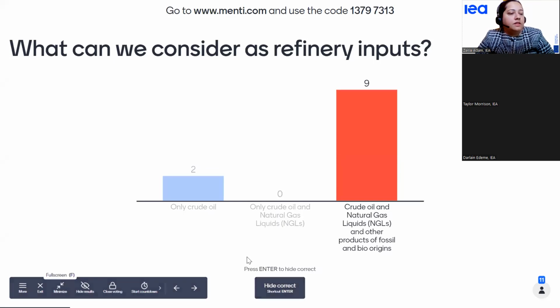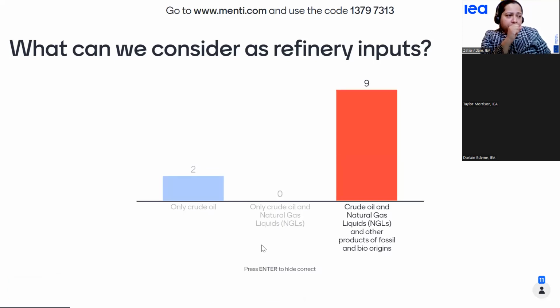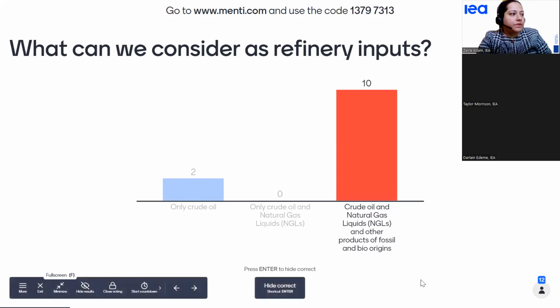So the right answer is indeed, you got it right. For refinery inputs, you can put crude oil, natural gas liquids, but also other products of fossil and bio origins. So not only crude oil and natural gas.